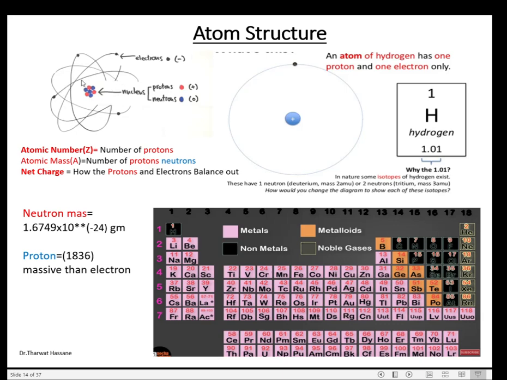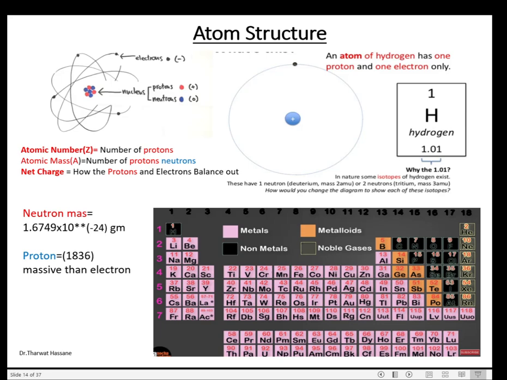Okay, let's see some definitions about the atomic number, the atomic mass and the related charge. The atomic number is the number of protons, which are these small red circles, with a positive charge. That means if you have an atom with 16 protons, the atomic number is 16. If the atom has 1 proton, the atomic number is 1.